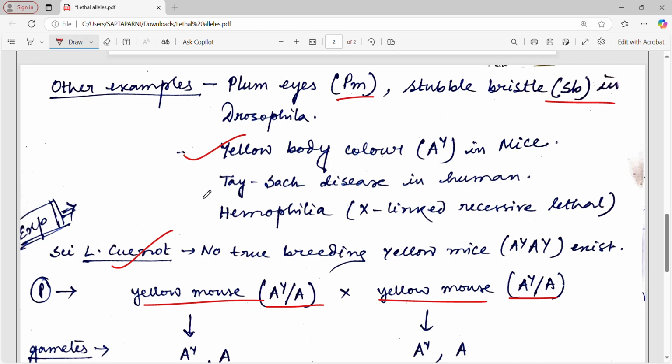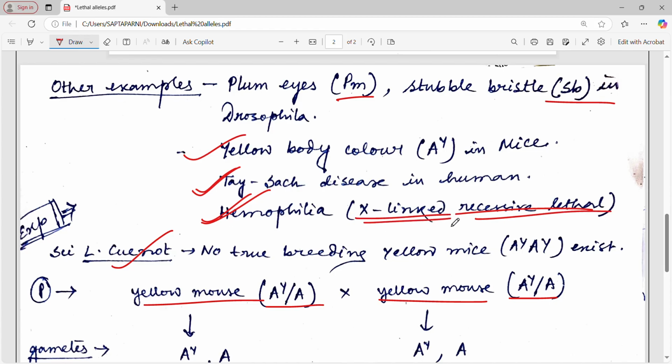Then in humans, Tay-Sachs disease, which results due to mutation in the HEXA gene, resulting in abnormal formation of an enzyme and deformities in our nervous tissue. Then hemophilia is also a recessive lethal allele, but you have to remember that it is X-linked, not autosomal.